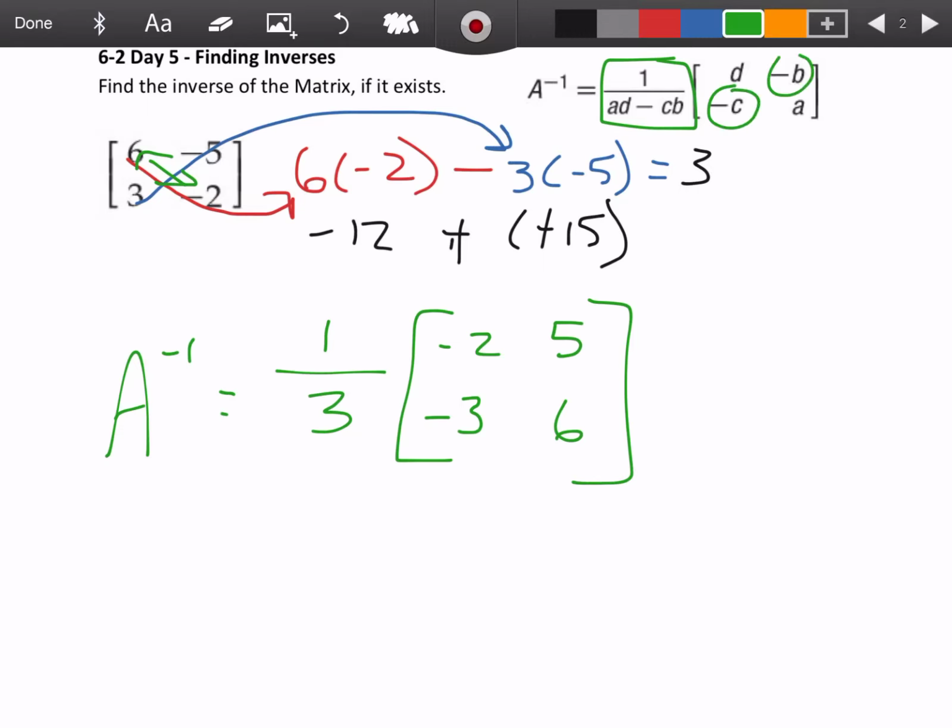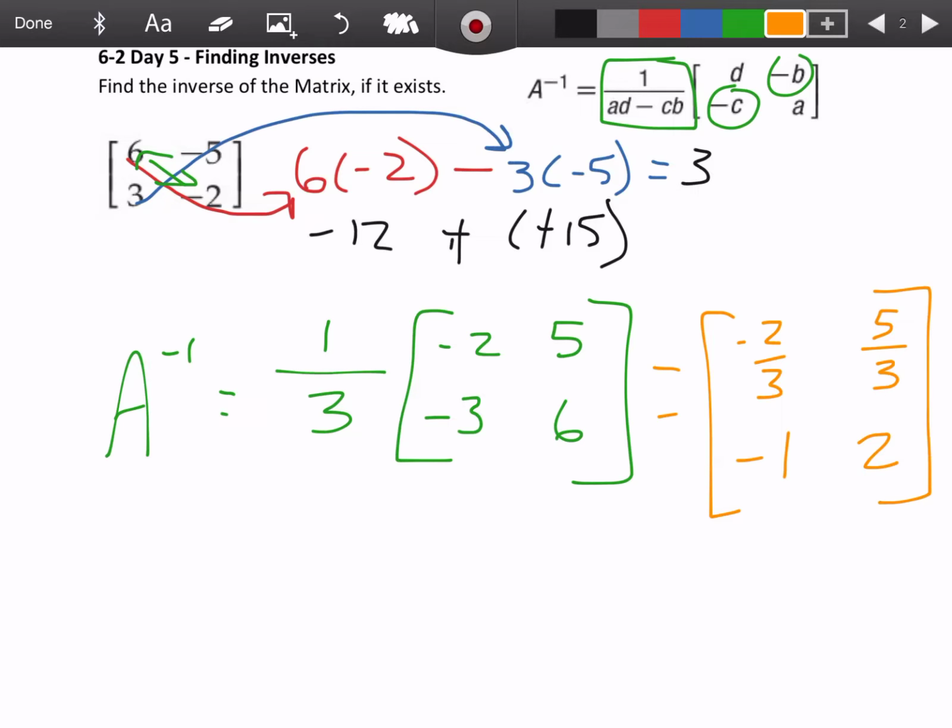So we're just doing the opposite of what's there with the C and the B. And then we just multiply it out. So here we have negative 2/3, we have 5/3, we have negative 1, because this would be negative 3 divided by 3, and then we would have 2, because that would be 6 divided by 3. So that would be our inverse matrix.